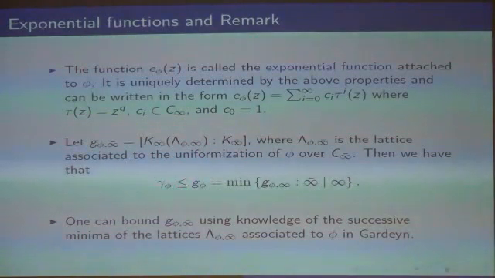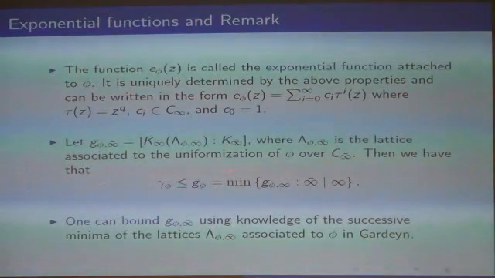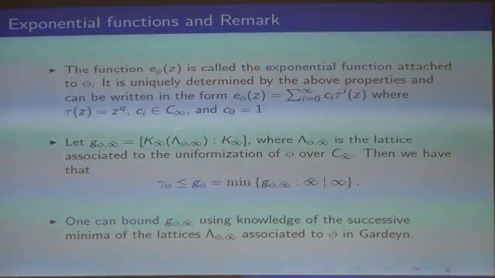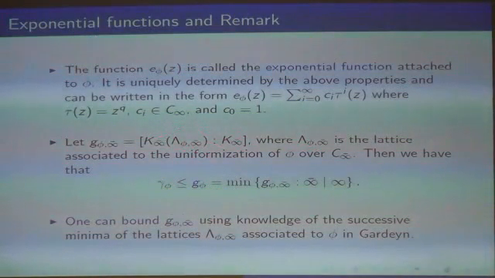It's not possible to make this part explicit because it's involved with all the torsion points. But it's known that gamma phi is bounded by G phi, this extension degree involved with the lattices.